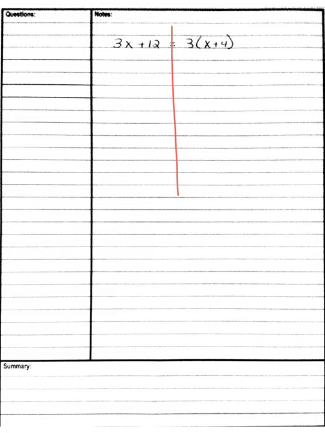The answer to that is yes. So we need to distribute the 3 to everything inside the parentheses. So we have 3x plus 12 on the right. Talk to me about what you notice between these two, because on the left, I also have 3x plus 12.